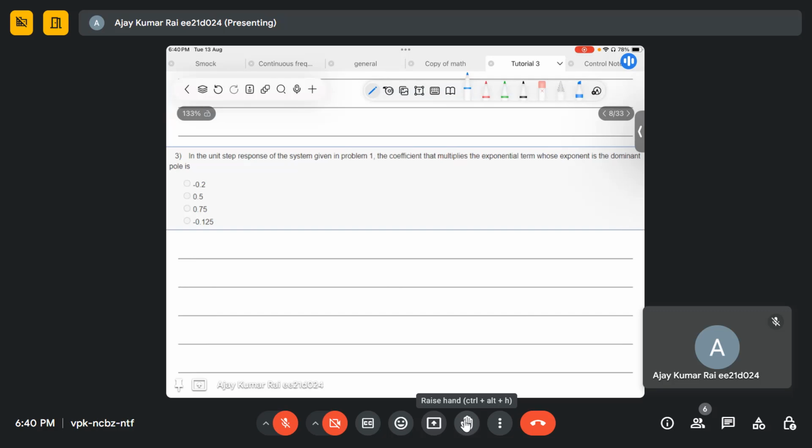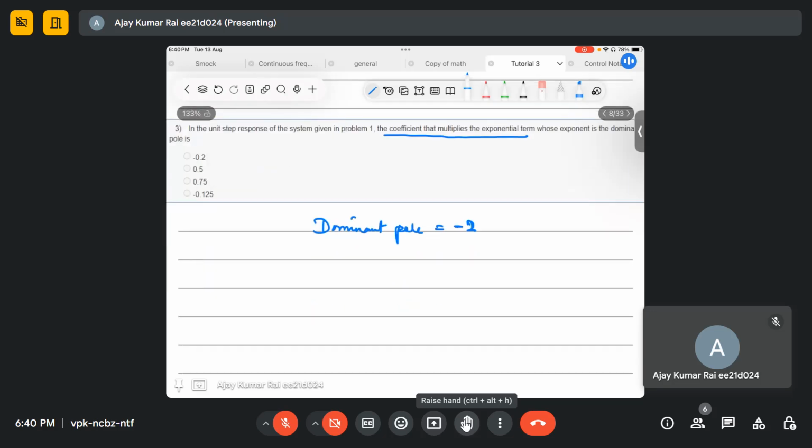In the unit step response of the system given in problem 1, find the coefficient that multiplies the exponential term whose exponent is the dominant pole. From the first question we know the dominant pole is equal to -2. We have to find the coefficient that multiplies the exponential term.